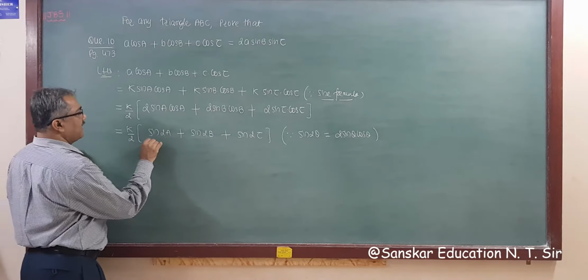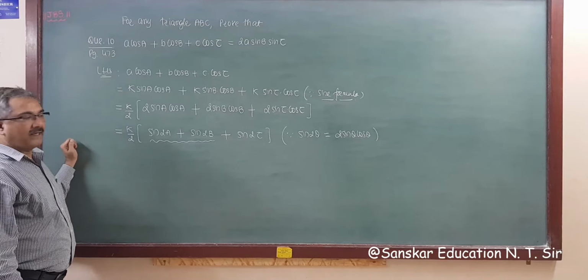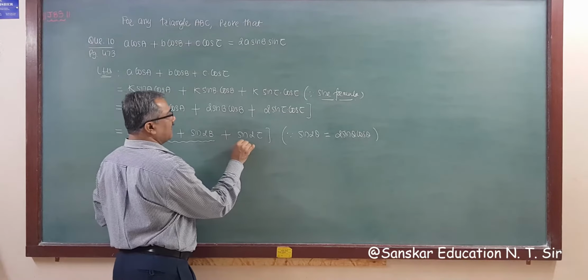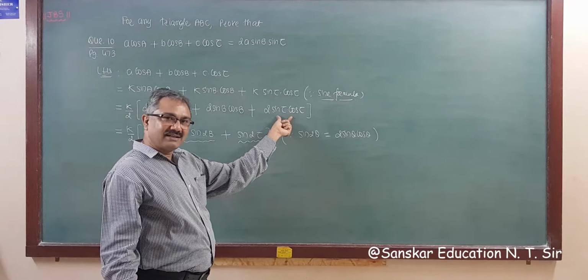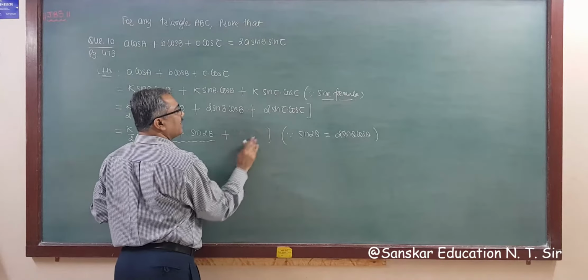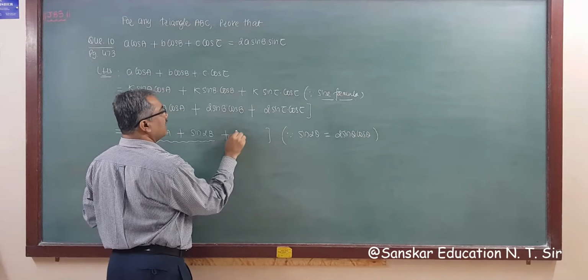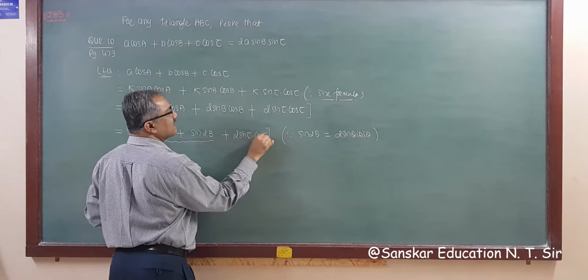Now, applying the sin C plus sin D formula here and the sin 2 theta formula. If we keep this as it is, then it's okay. So I'm not writing here, I'm keeping this as it is. So again, no need to apply the formula, I'm keeping this as it is.